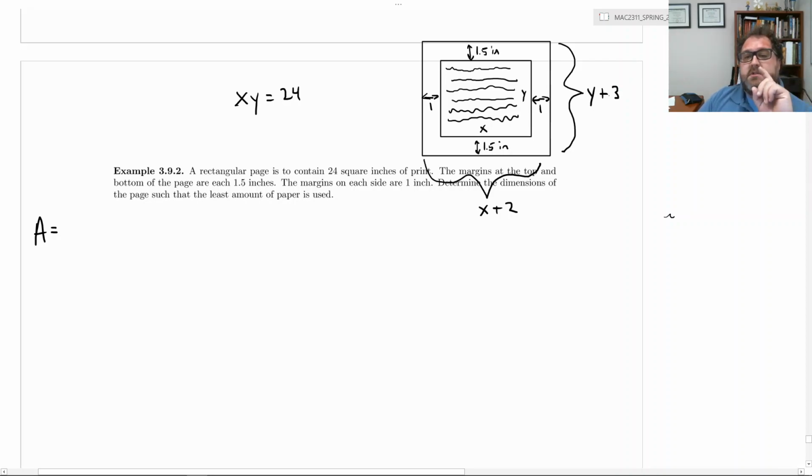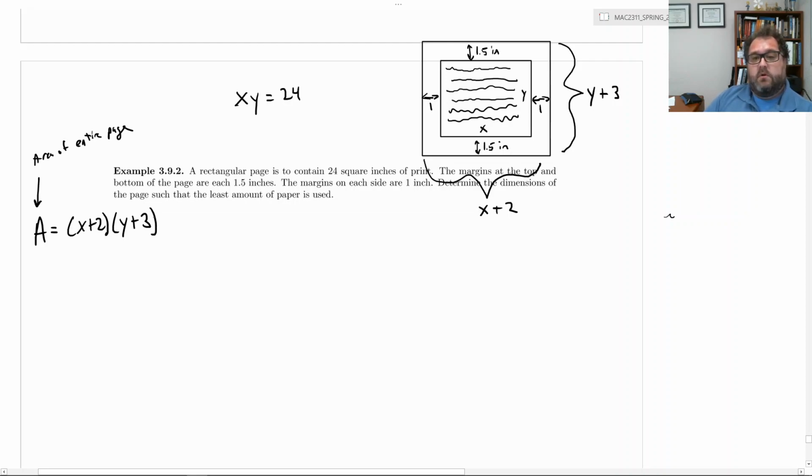So those are the dimensions of the overall page. And now the area of the entire page we could say is the overall width times the overall height, which is x plus 2 times y plus 3.